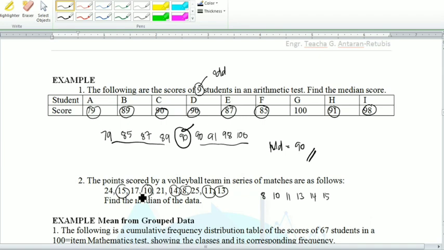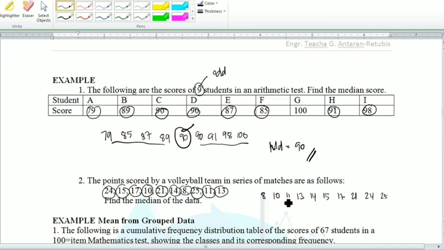Okay, and then 17. Next is 21. And then we have 24. And lastly is 25. Okay, there.